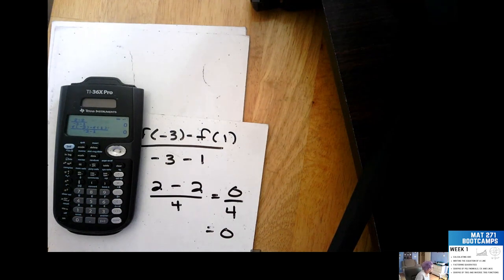Next thing we're going to look at was writing the equation of a line. I'm going to go ahead and close that file, and then I'm going to send it to you, and then I'll open it back up. Let's do it this way.